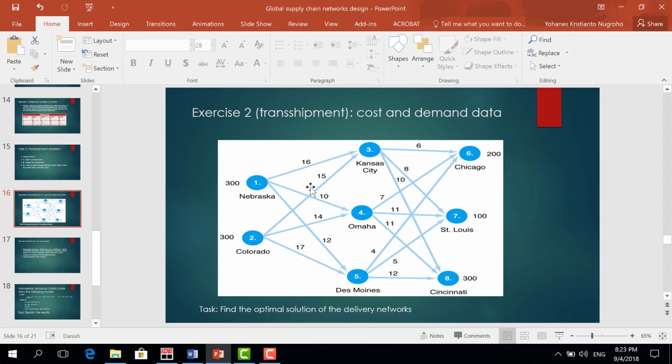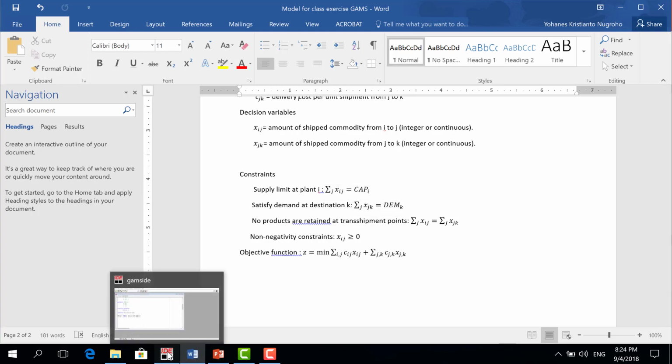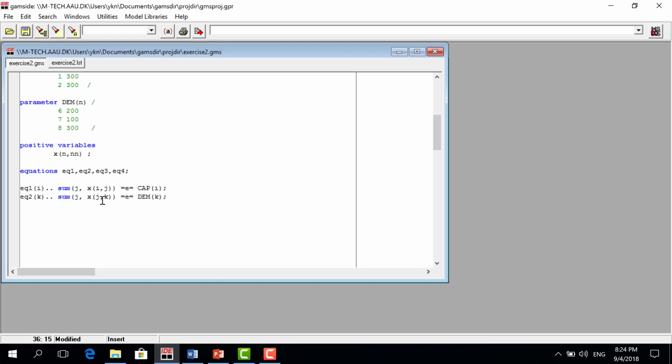It is the reverse of the previous equation. In the previous equation, a single supplier must satisfy several transshipment points. But in the second constraint, only a single k must be satisfied by several j, or several transshipment points j. And therefore here we have a single k.